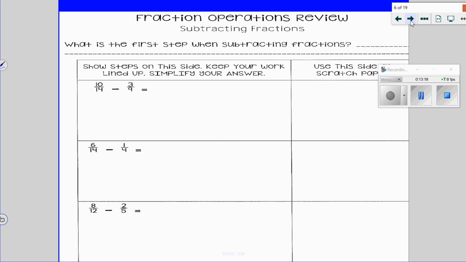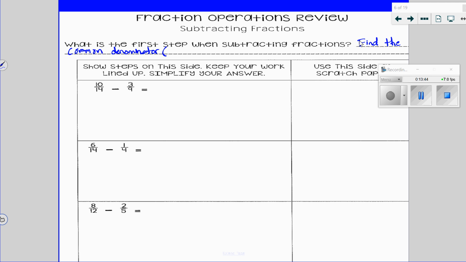All right, let's look at subtracting fractions. What's the first thing we need to do? Find the common denominator. And what is that also called? How do we find the common denominator?